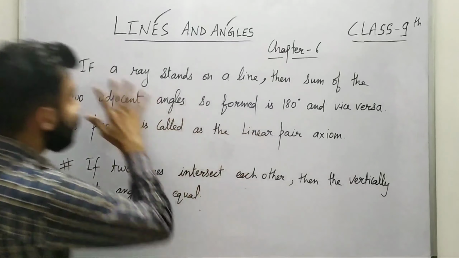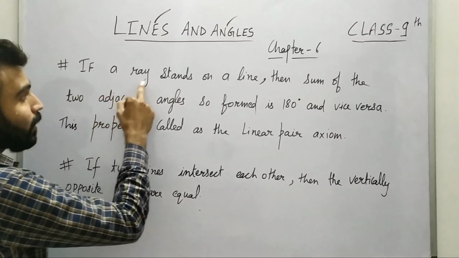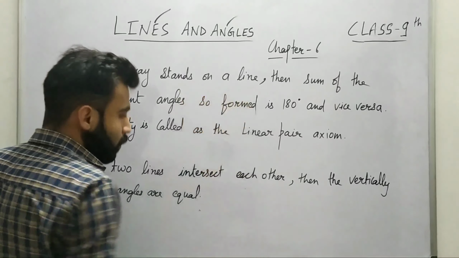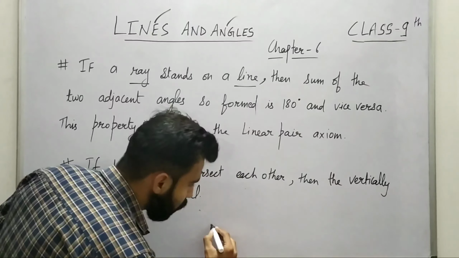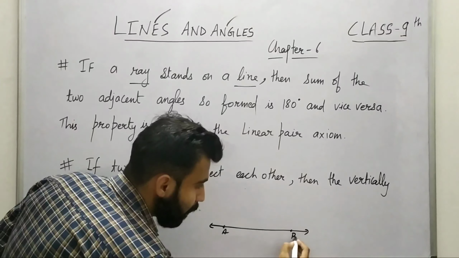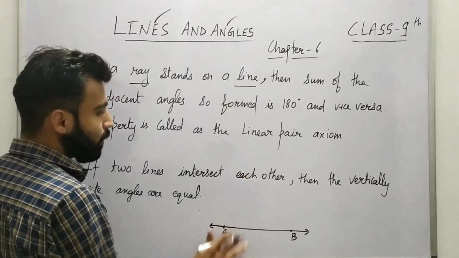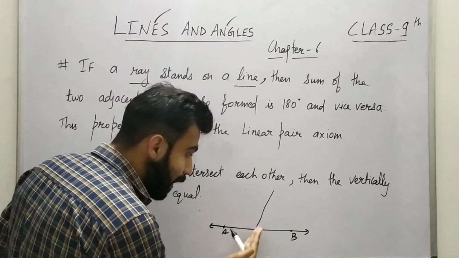Now you can see I've written a statement here. Let me read it from here. If a ray stands on a line, so there's a ray and a line. Let me first draw a line here like this. Let me name it AB, right? So there's a line that is named AB. Also let me take a ray over it that is standing on it.